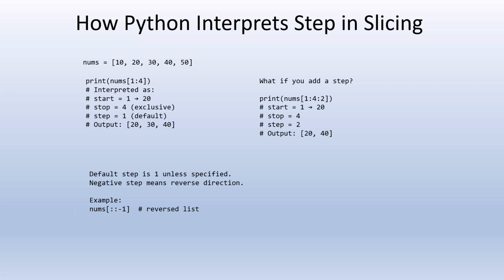All right, and what if you add a step? Nums 1, 4, 2, starting point is 20, stop is 4, step is 2, so 20 and 40. Default step is 1 unless specified, negative step means reverse direction.